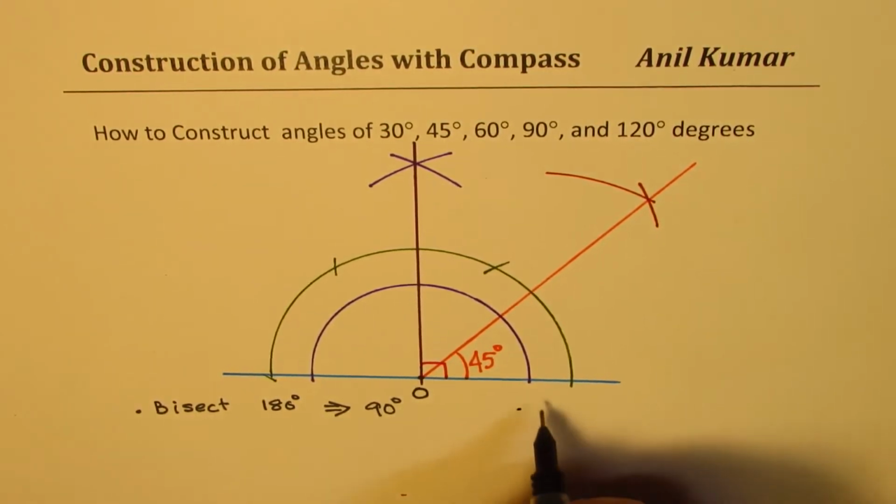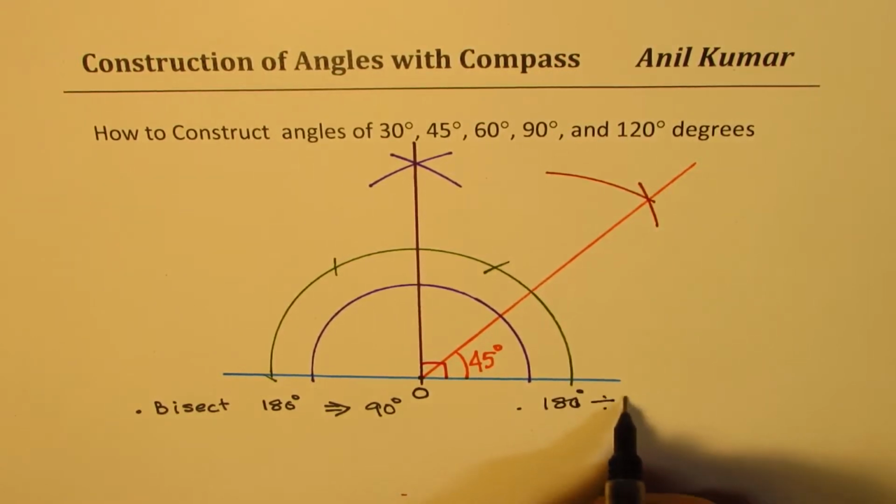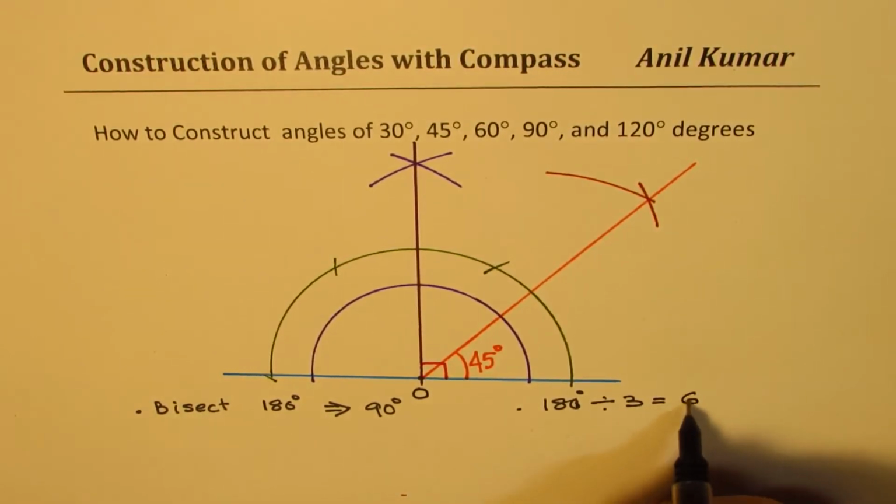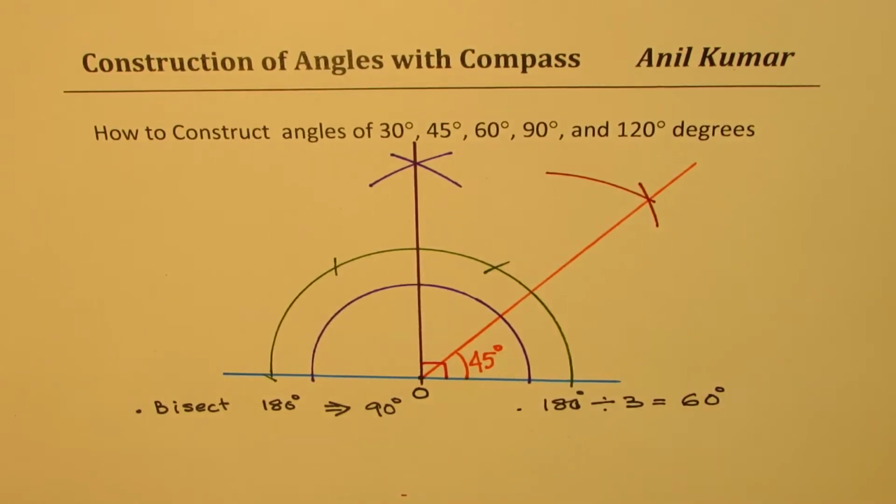So if I divide 180 degrees into 3 equal parts, I should get 60 degrees each, correct? So if I join them, then I have 60 degrees. Let me join and check.